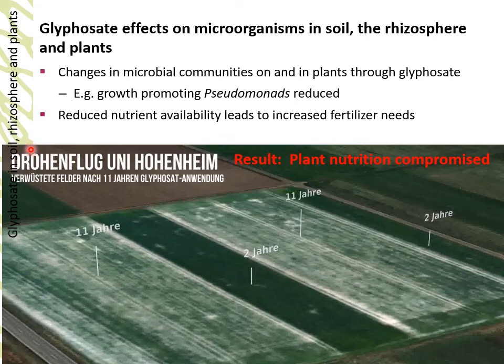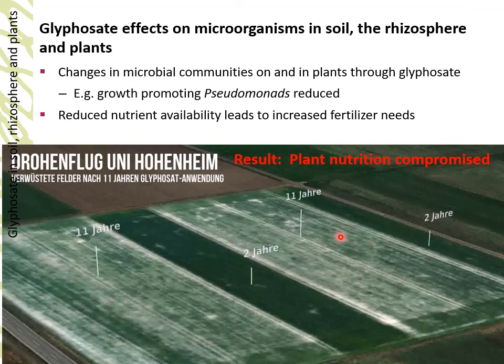And this is an accidental find by the University of Hohenheim in Germany. They had fields where they regularly used glyphosate here for 11 years. And they had next to them 2 fields that for some reason they started the glyphosate use 9 years later. They had only 2 years of glyphosate application.